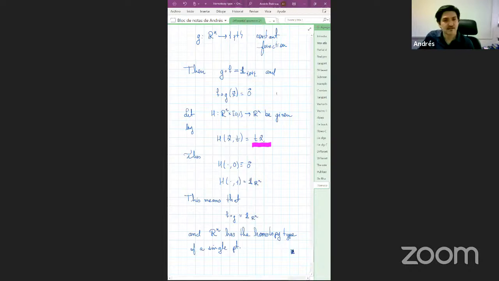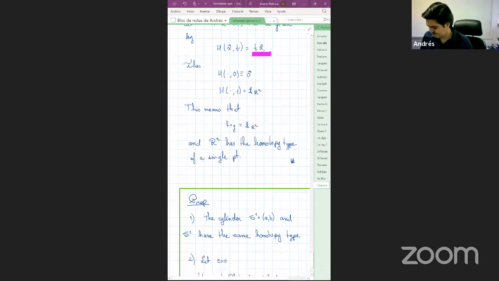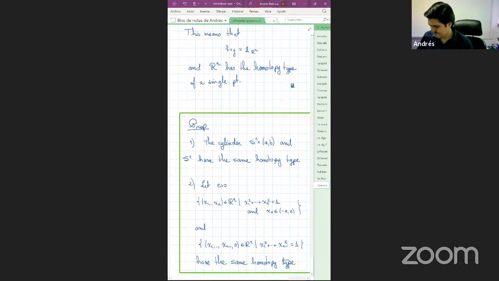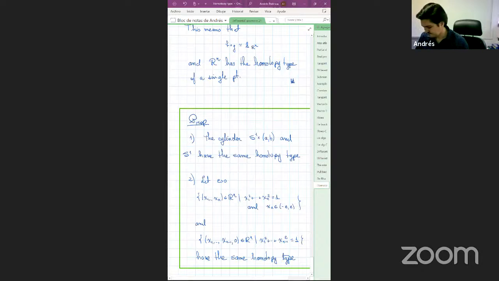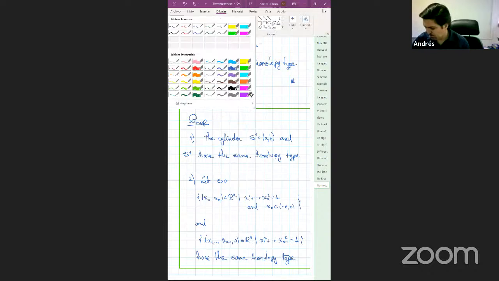So, this here: the cylinder has the same homotopy type as the circle. And do you know what I'm doing on the second item?